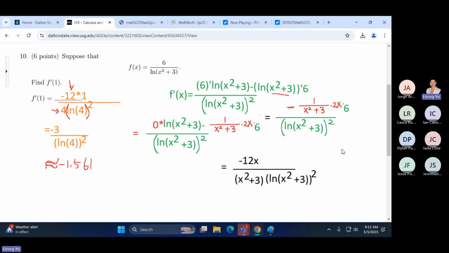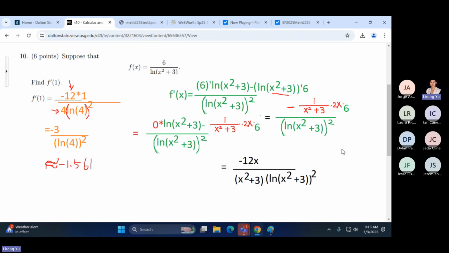So that was 0. 0 multiplied by anything is 0. So that's the numerator, that's the denominator, and then we have the final answer like that. So the one on the right is calculating the derivative using the quotient rule.